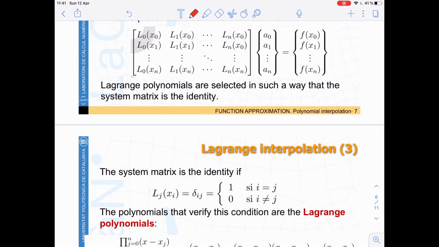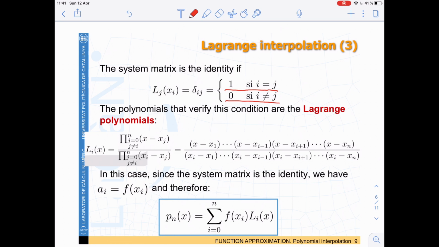In other words, we require Lj(xi) to be 1 if i equal j, that is, ones in the main diagonal of the matrix, and we require Lj(xi) to be 0 if i is different from j, that is, zeros in the off-diagonal entries of the matrix.